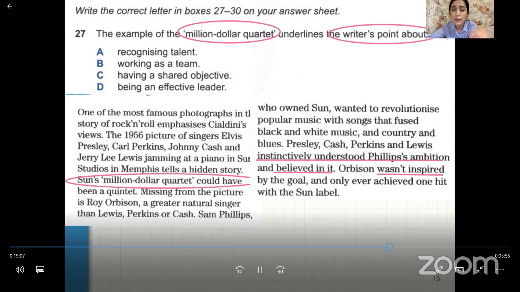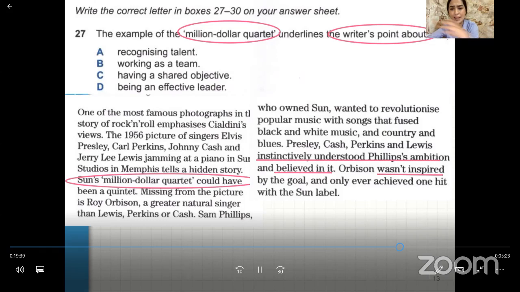I underlined it because it feels like an idea, a point, and the question asks us to find the point. So yeah, it seems like this one. And believed in it. Believed in what? The ambition and the vision of Mr. Phillips. But Orbison, you remember, who was missing from that photo, wasn't inspired by a goal and only ever achieved one hit with the Sun label. Is that about the recognition of a talent? No. You crossed it out.